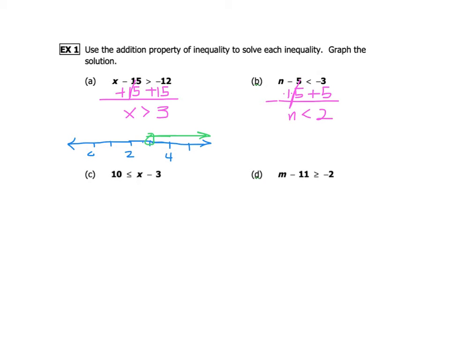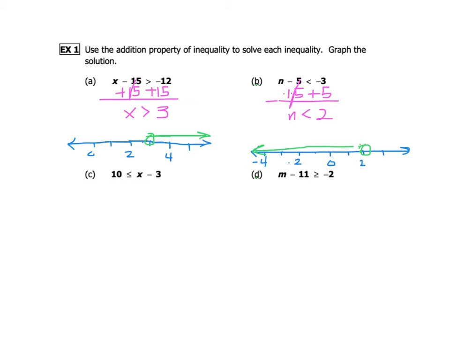The next thing we need to do is graph this. We have n is less than 2, so again we're going to have an open circle on 2. And this time, because we have n is less than 2, we're going to draw our arrow off to the left-hand side.